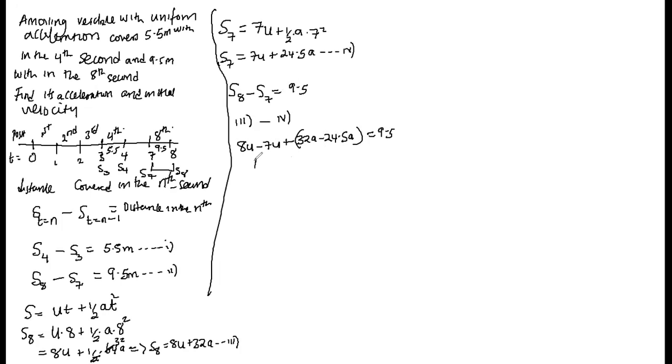With this, you get u plus 32 minus 24.5, that is 7.5a, is equal to 9.5. Let me call this equation star 1. So I've designed an equation in terms of u and a with a value of 9.5.